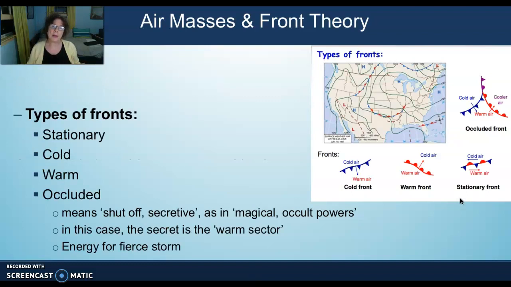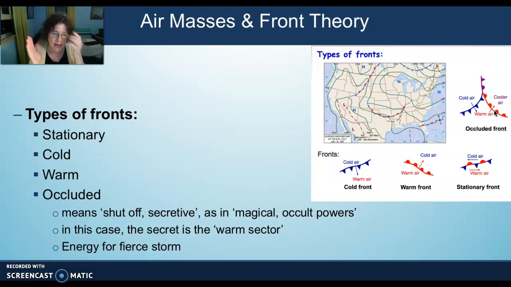Now we're going to talk about occluded fronts. And occluded fronts are over here. You know the stationary, the cold, the warm, and how they look on a map. Occluded fronts are different. Occluded means shut off or secretive, like an occult, which is a magical, mystical phenomenon.